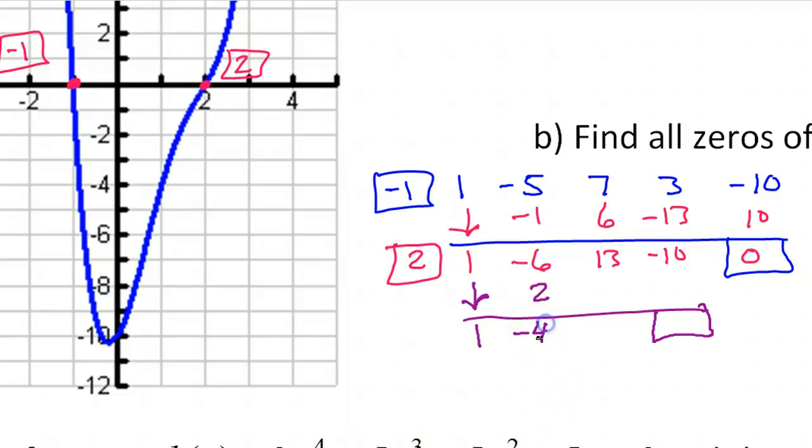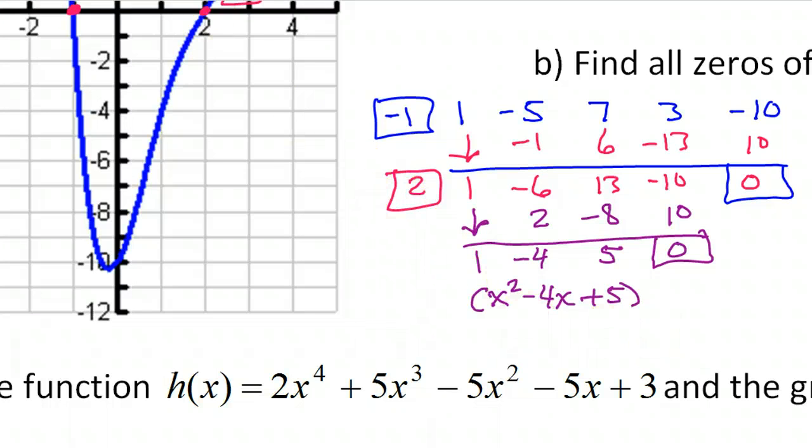Add, I get -4. Multiply, I get -8. Add, I get 5. Multiply, I get 10. Add, I get 0. So now I have this. I'm going to go ahead and put my variables back in, and I see I'll have this trinomial x squared minus 4x plus 5.